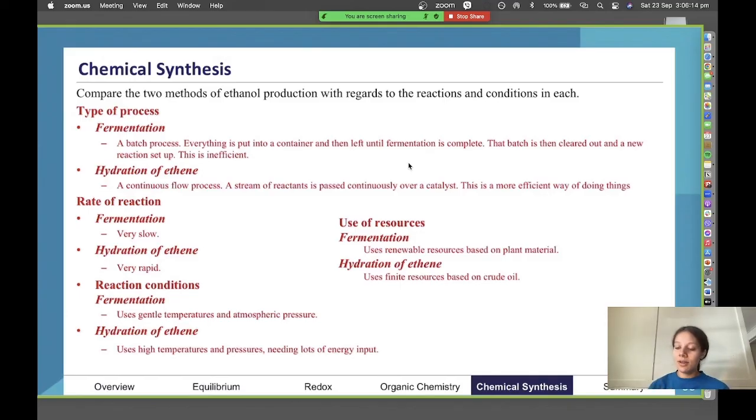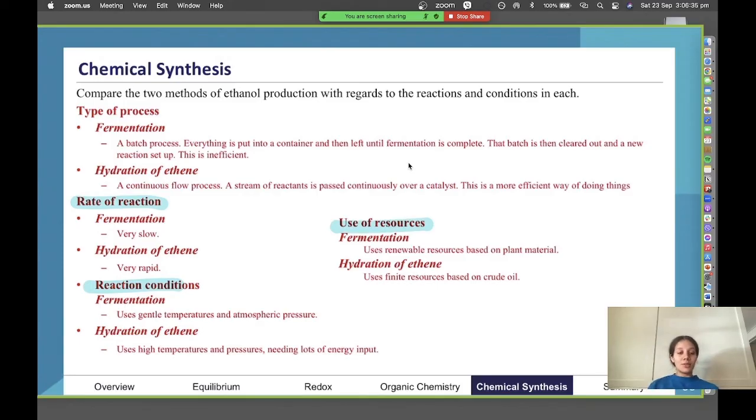If we want to compare it on a few different metrics, we have rate of reaction, reaction conditions, and use of resources. Considering rate of reaction, fermentation is very slow. Hydration of ethene is a lot faster. For reaction conditions, fermentation uses gentle temperatures and atmospheric pressure.